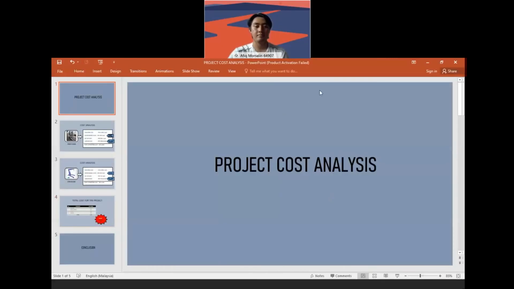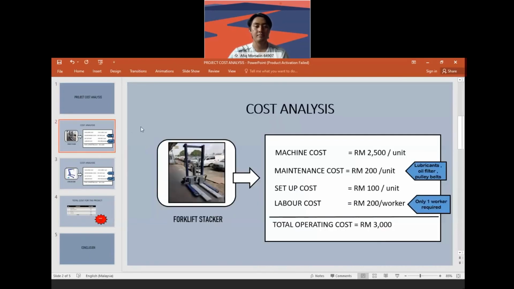Alright. Now I will explain the financial aspect of the project, since it is the most concerning aspect apart from the system works. For the forklift stacker, it is available at 2,500 ringgit at a local or online store, and the maintenance cost would be around 200 ringgit per unit.